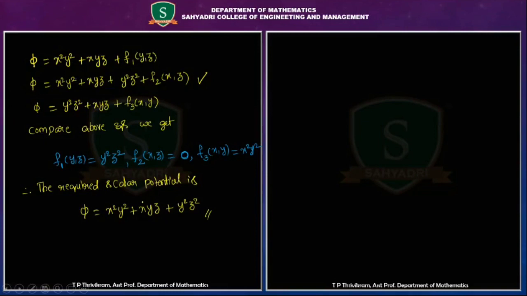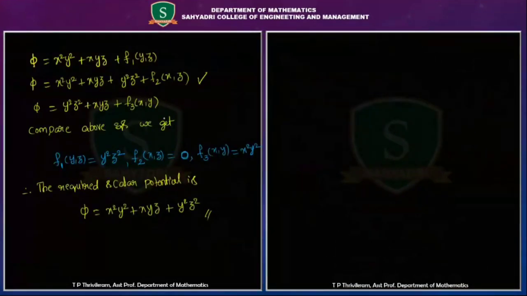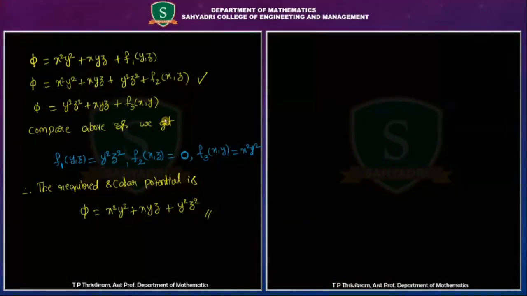So this is the unique phi value which gives the function f as this much. Fine. Is it fine?